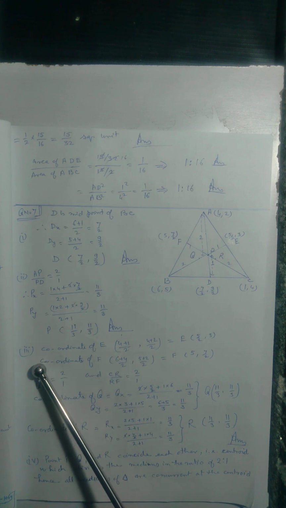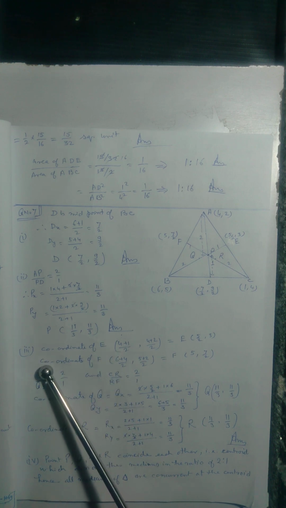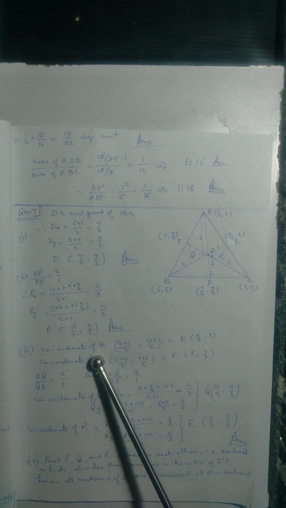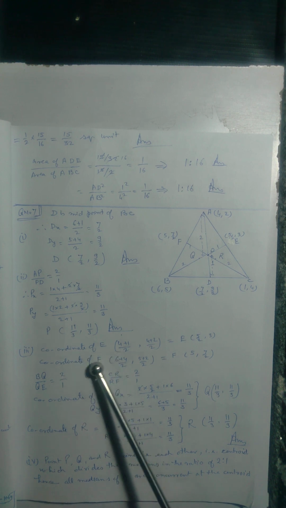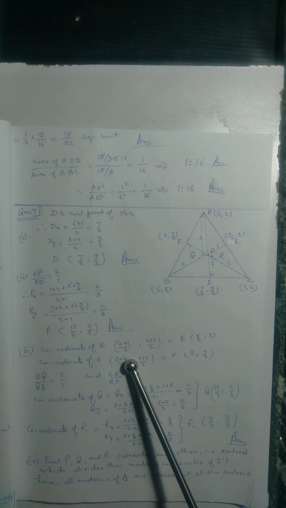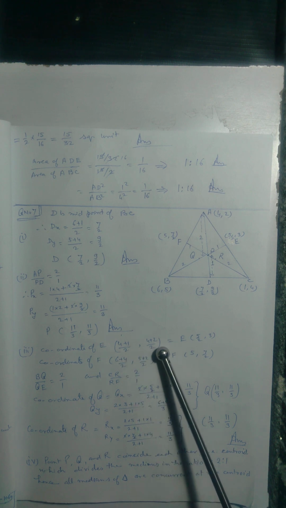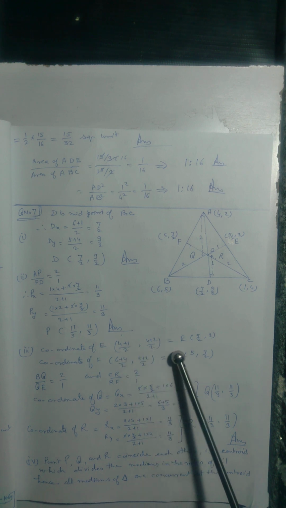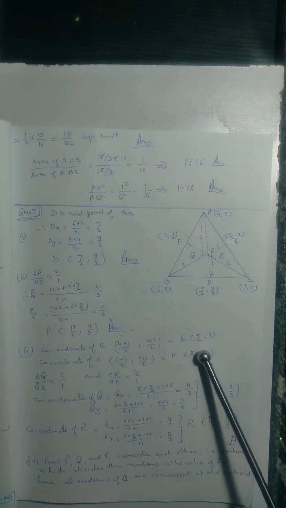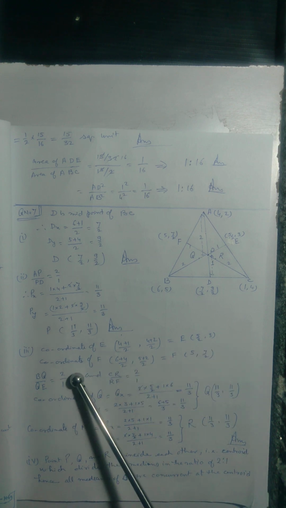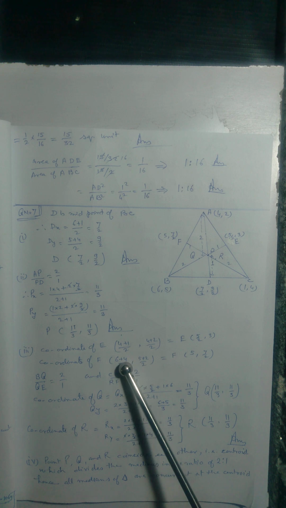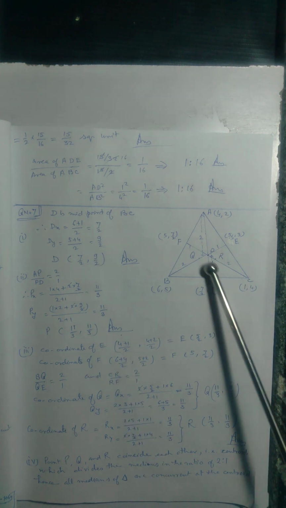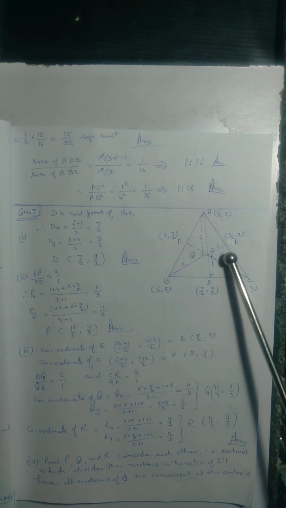Now in the third part, the coordinate of the point E, that is (4 + 1)/2 and (4 + 2)/2, means that will be 5/2 and 3. Coordinate of F: CF is a median, and BE is also a median.